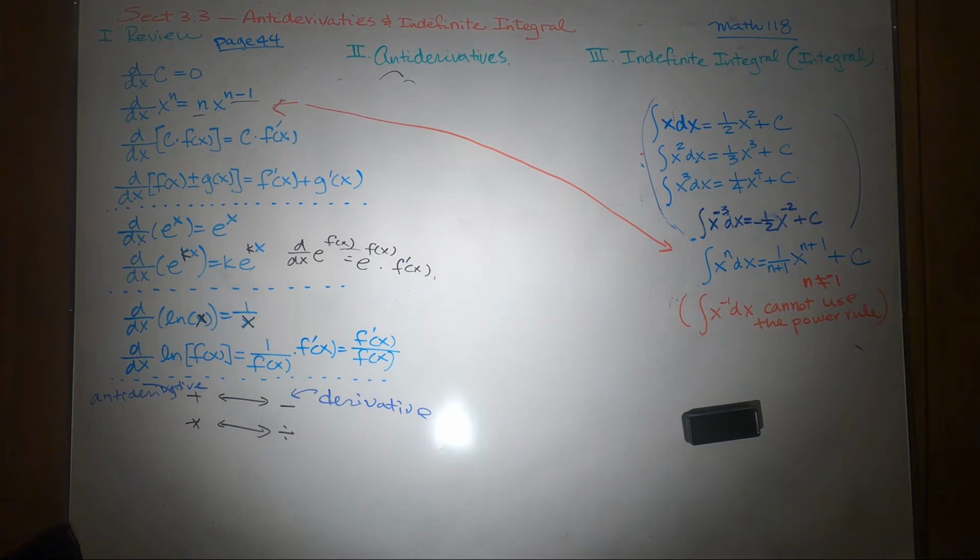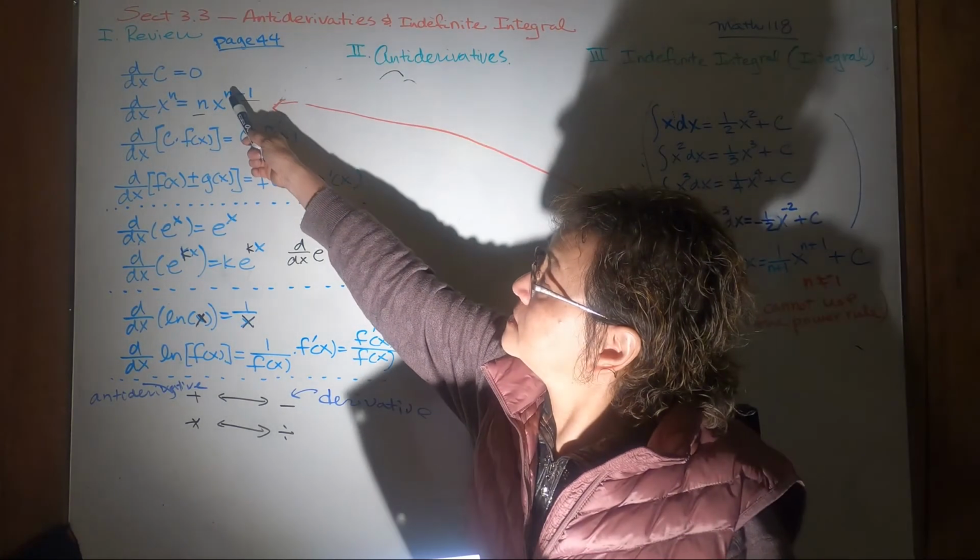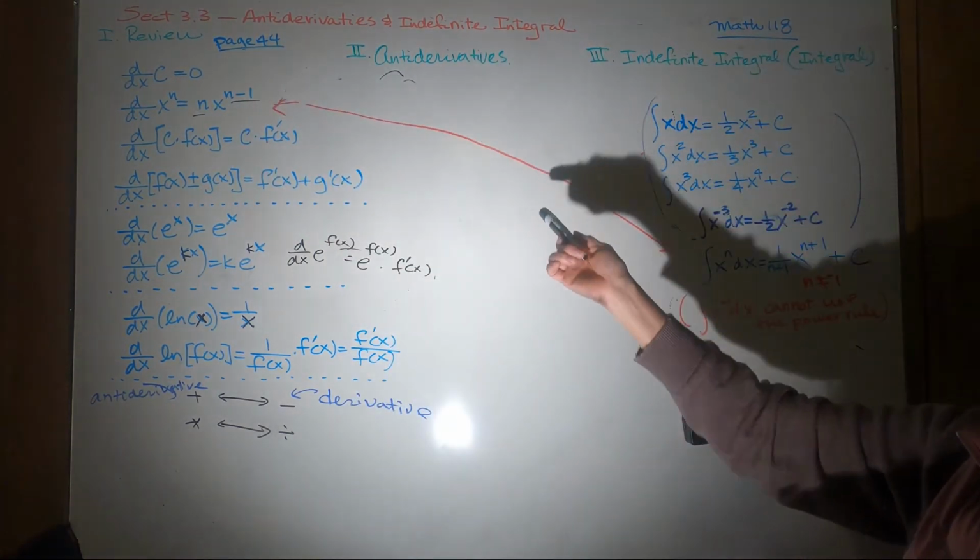Then for the constant rule, look at your page 64. For any constant, the derivative is 0.